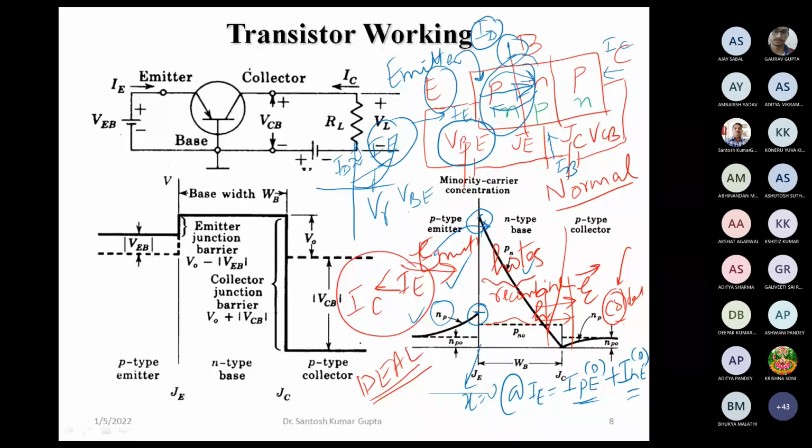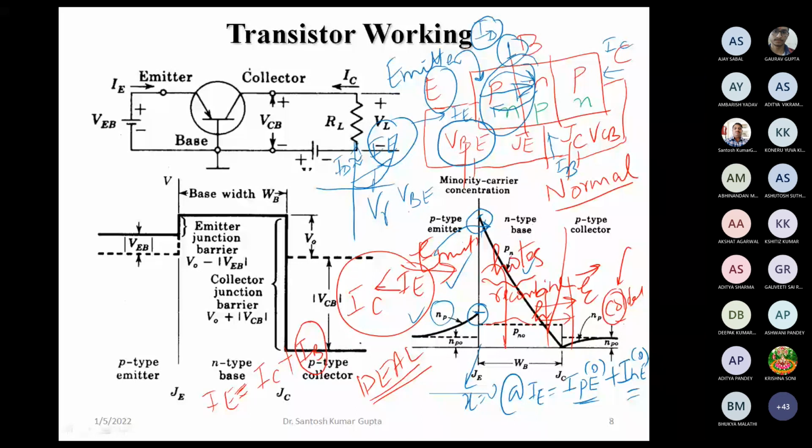So IE is mostly going to divide into two parts. One part is being collected by the collector, and a part is being recombined in the base. This forms the base current.